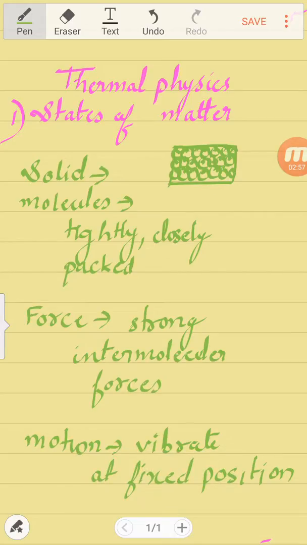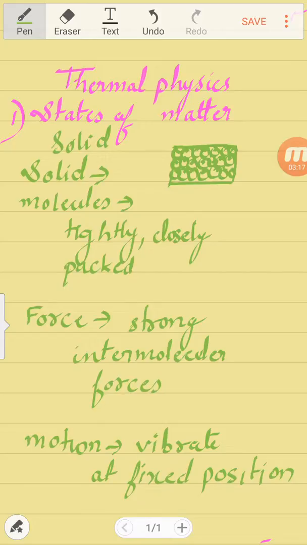In solid, molecules are tightly or closely packed. Force, which force do you write? Strong intermolecular force. And motion, vibrate at fixed position.